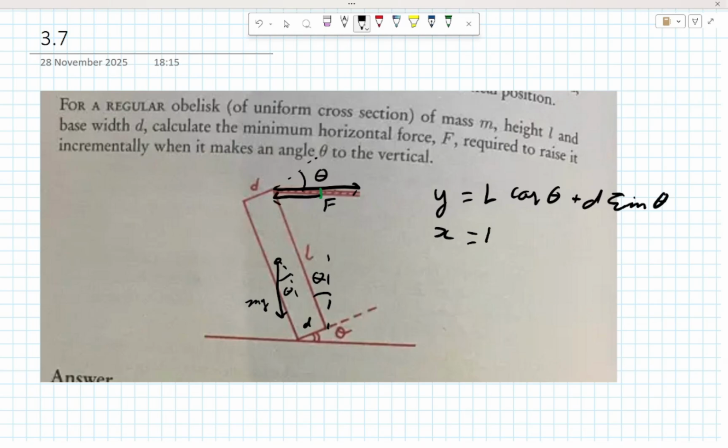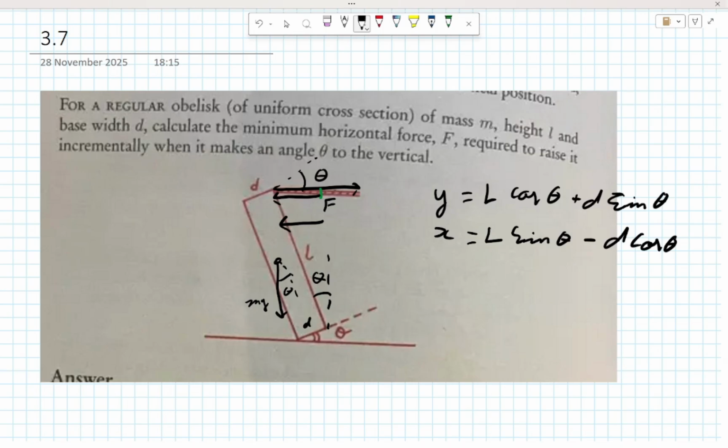So that's going to be L sine theta minus d cos theta. The reason this is minus is because this distance here is going this way, however, that one is going that way, so it's in the opposite direction. I've chosen the left to be positive and the right to be negative. So that's why it's minus d cos theta.